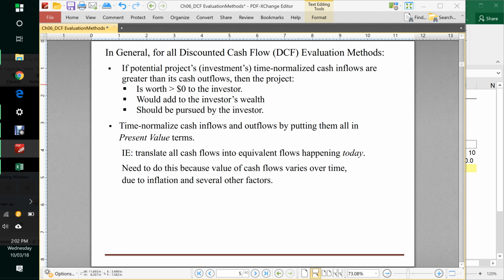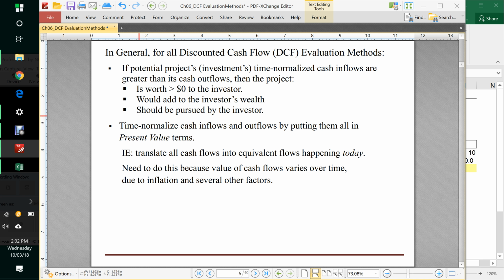With these methods, if the project's time normalized cash flows are greater than its time normalized outflows, then the project is worth more than zero. It would add to the investor's wealth and it should be pursued.